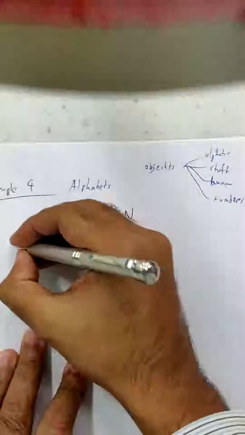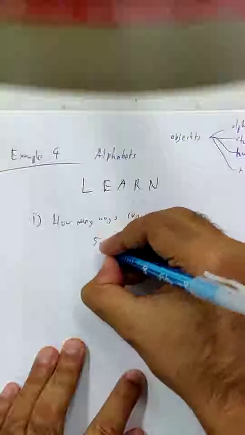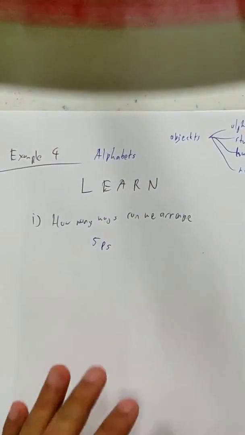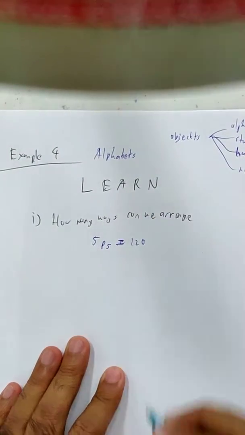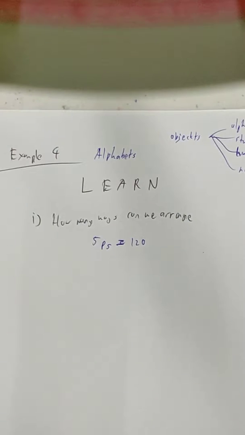How do we do? How many objects do you have? 5. How many places do you have? 5. So 5P5. That's your answer. Answer is 120. That's an easy one, sir. Yes, I agree.